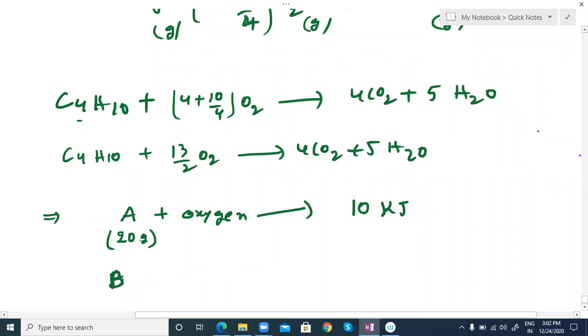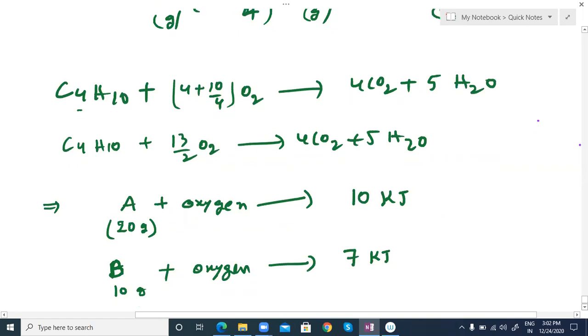One person took pizza, the other burger. Assume its molecular weight is 10 grams. Only in the presence of oxygen, even if you take food inside, digestion is finally oxidation that has to take place, and only then can it release energy. Again with oxygen, it releases 7 kilojoule energy, sir.